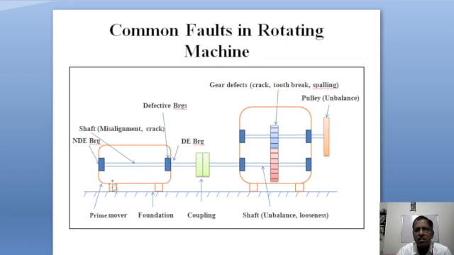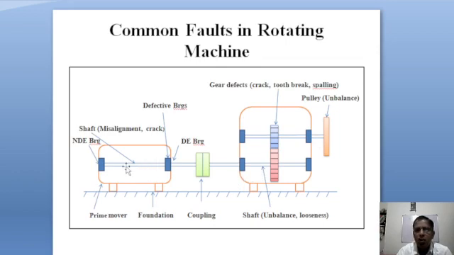Now consider this arrangement. This is a prime mover. Now the prime mover can be an electrical motor or it can be an IC engine. This electrical motor is coupled by using a coupling, and here you can see that a pump or a gearbox, or whatever machine you want to run by using this prime mover, is coupled here.